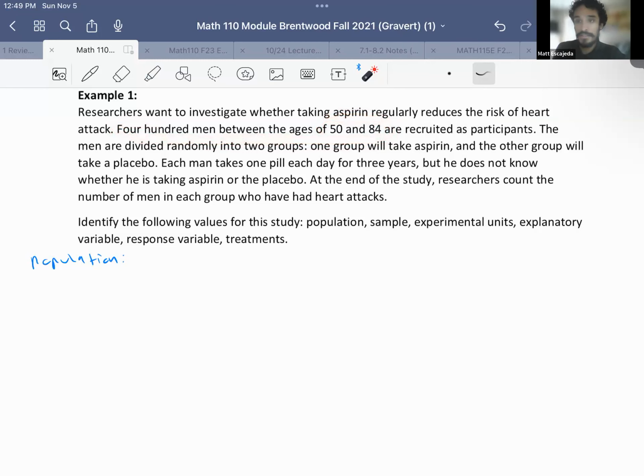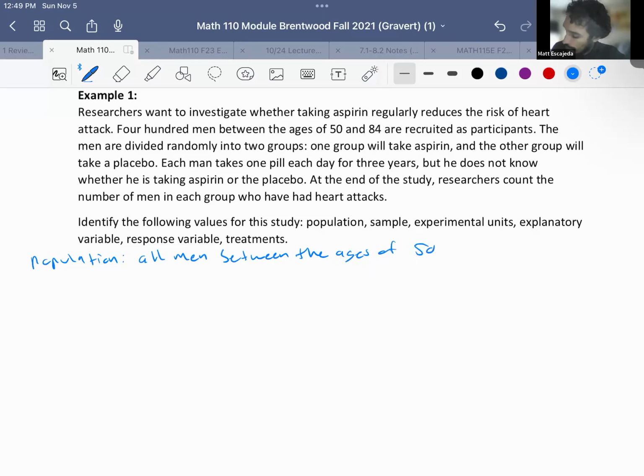We're using that sample, which we'll get into next, to represent all men between the ages of 50 and 84. So that would be our population. We would say all, which is a keyword, all men between the ages of 50 and 84. Maybe I could highlight that.